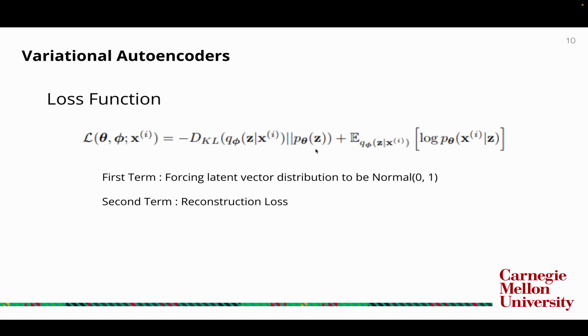This is achieved by this first term, KL divergence. In the first term, we compute the distance between the learned distribution and usually the normal distribution. This encourages the encoder to learn a latent space that maintains the properties of a standard normal distribution, which is essential for the generative capabilities of VAE.